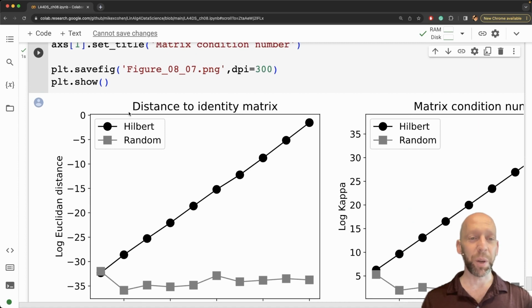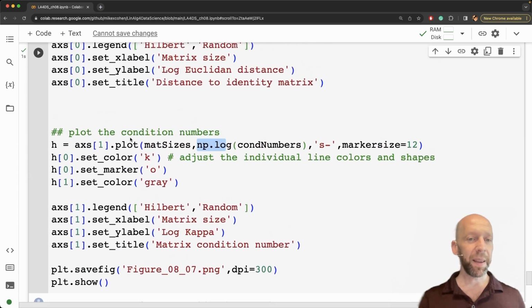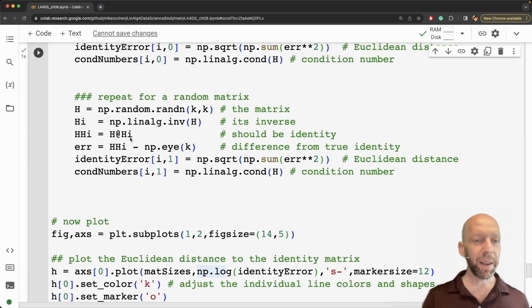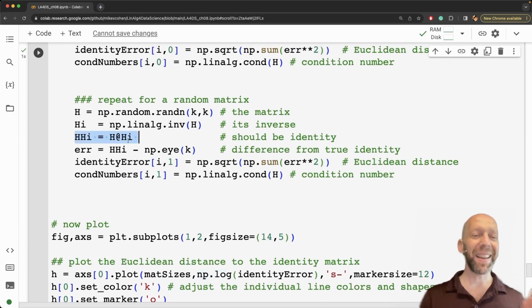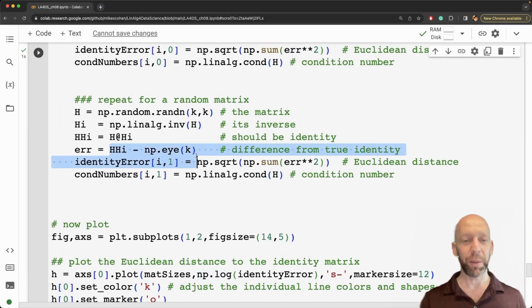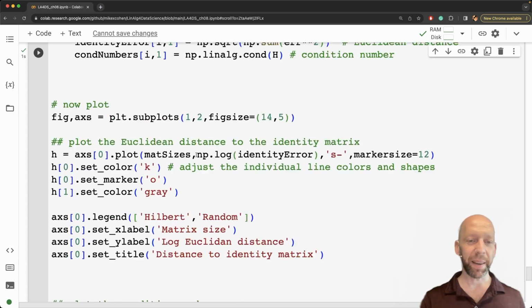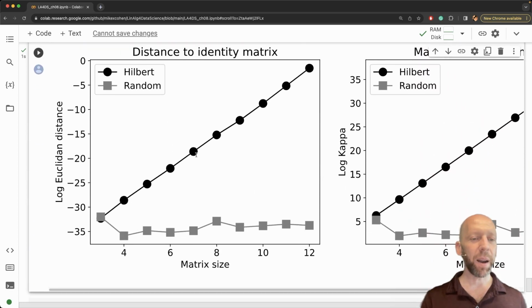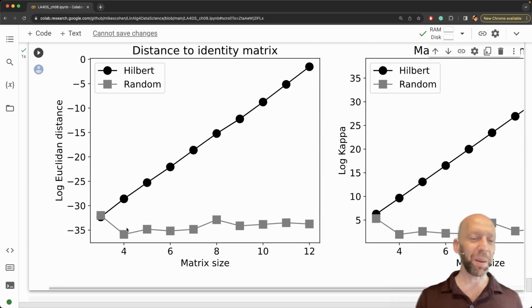So it's already noteworthy to see that there are no error messages or warning messages, which tells us that even for the random numbers matrix, the matrix times its inverse is not exactly the identity matrix. It's going to be some tiny, tiny number. You can see that the log of that number is minus 35. So this is a really, really small number, but it's a little bit above 0.